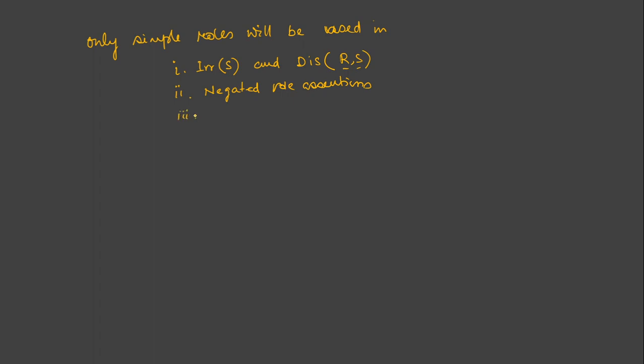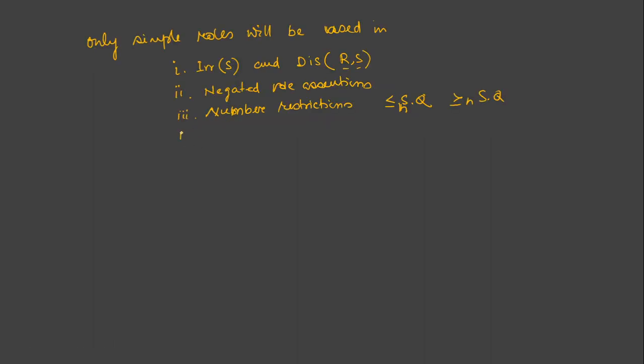Third thing is, whenever we are using number restriction, right? So these simple roles can be used only in number restrictions. We can use only simple roles. So for example, less than or equal to n S, right? Or greater than or equal to n S, something like that, right?